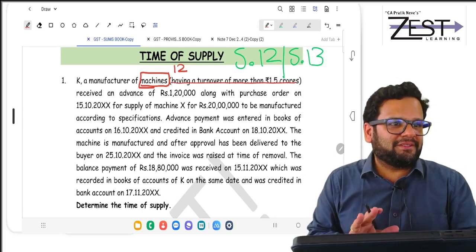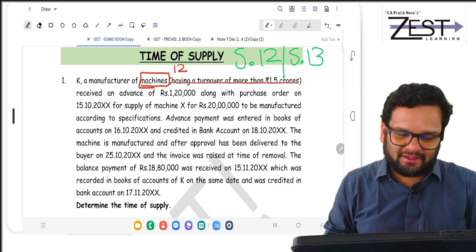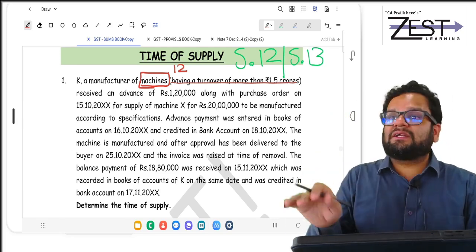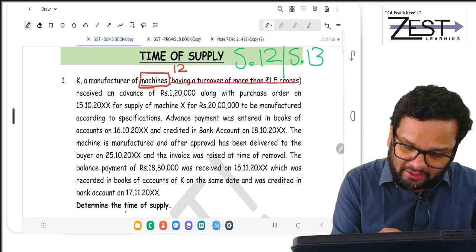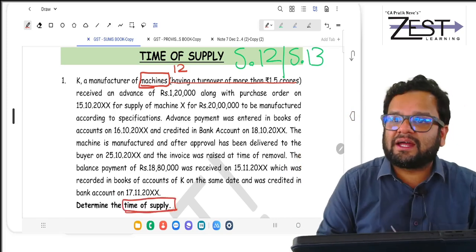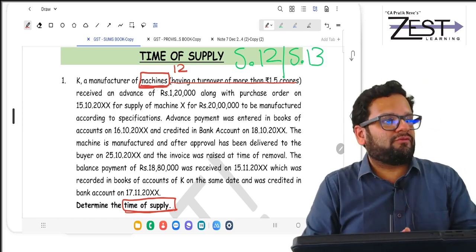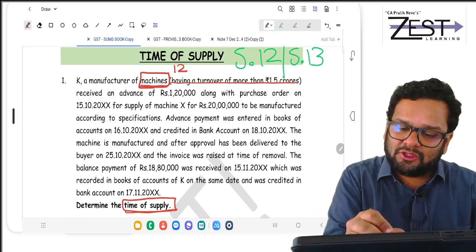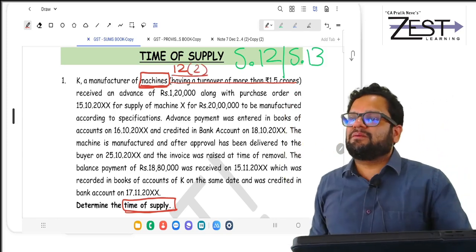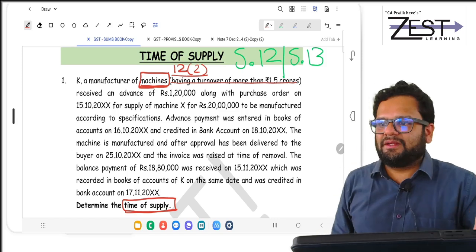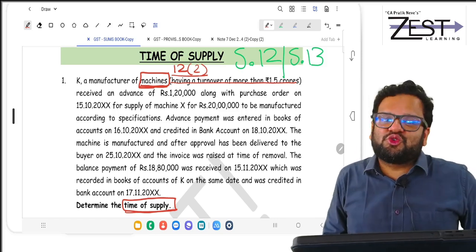Delete means I am not bothered. So much data is given. I have to first see what I have to find. I have to find time of supply. And machine I understood, so I am going to 12. It's not given RCM, so I know it is FCM. It's a usual charge, so usually it will be FCM.